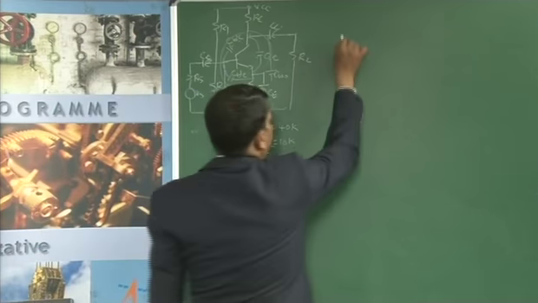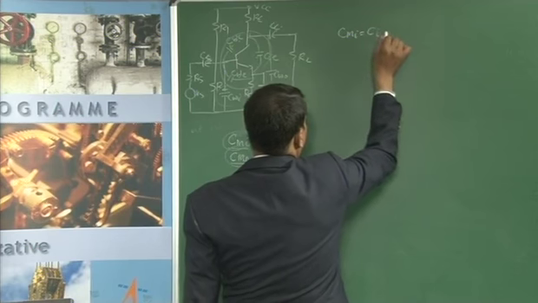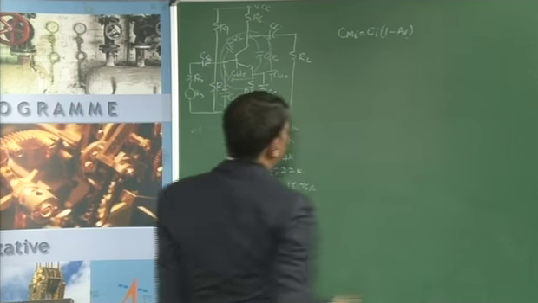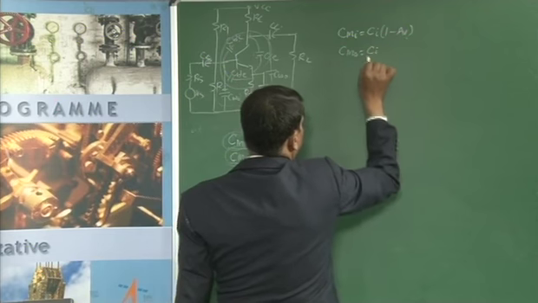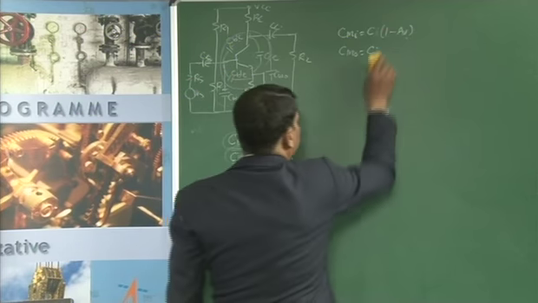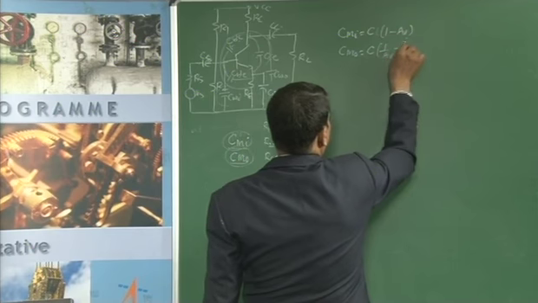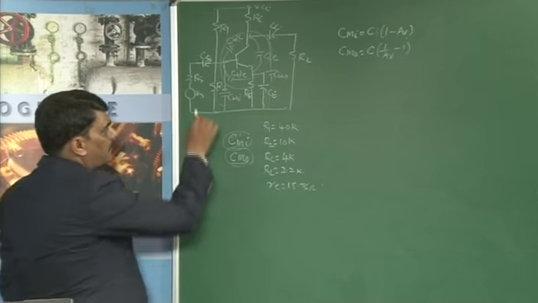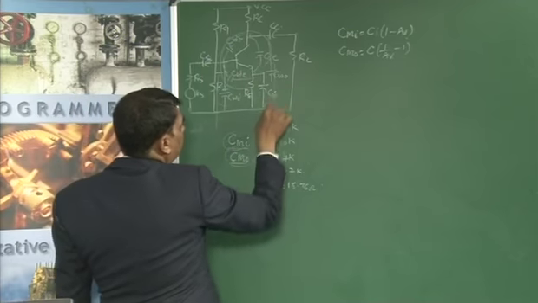We know that C_MI is equal to C into (1 minus A_V), and C_M0 equal to C into (1 minus 1/A_V). From this circuit, if you are not considering the external components R1 and R2, you are looking into this side, that current is r_e, and the output is taken across this point.